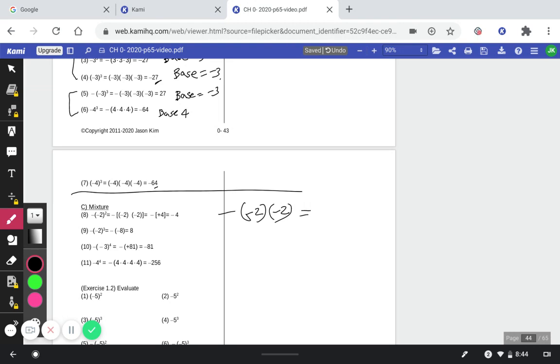So now 2 times 2 is 4. How many negatives do you have altogether? 3 of them. So it becomes negative 4. Or you can do it this way. Number 9, how about negative of the quantity of negative 2 to the third power, which means a negative outside, with the base negative 2, 3 of them.